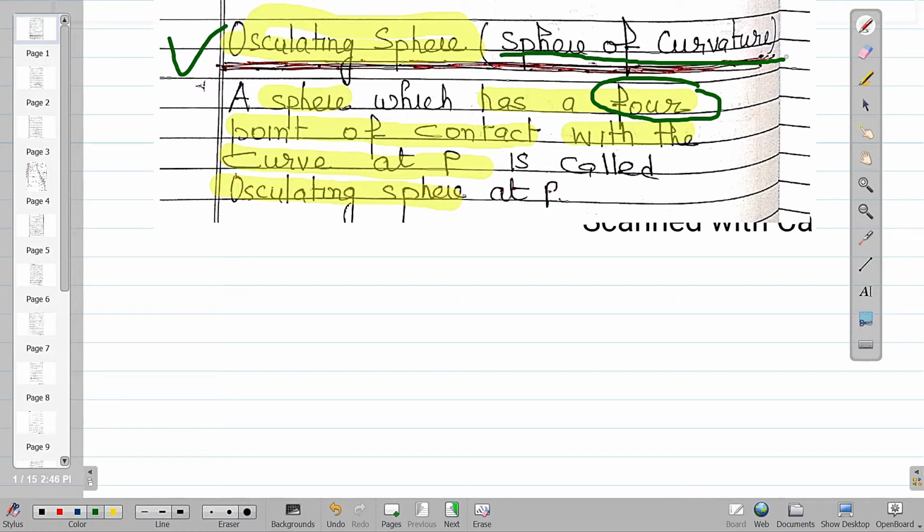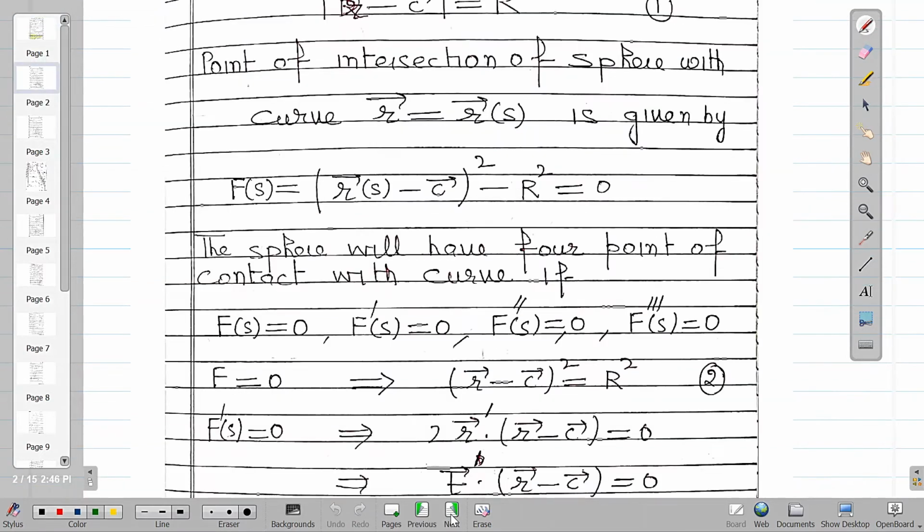Now, in the case of the osculating circle, it has 3 points of contact, but in the case of the osculating sphere, it has 4 points of contact. So remember this.